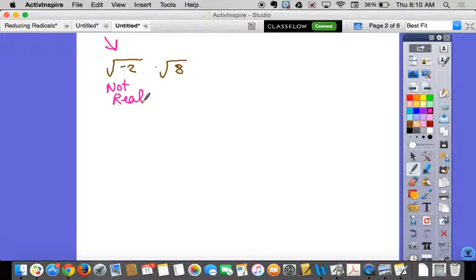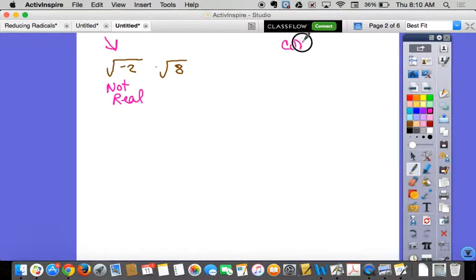Now, later on, after you learn about complex numbers, if you were asked to reduce this in the complex number system, yes, you could. But if your question was to find a real answer, then that's not possible. If it just asks you to simplify, if you have knowledge of the complex number system, then yes, you could. So, for right now, we're just going to say this part is not real.